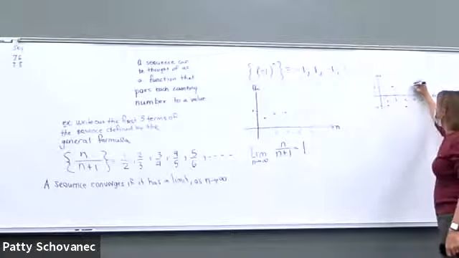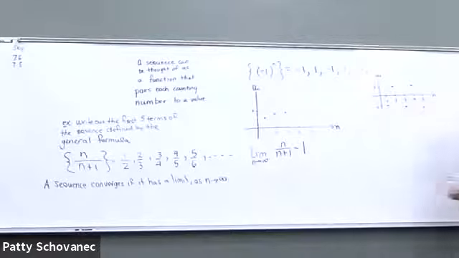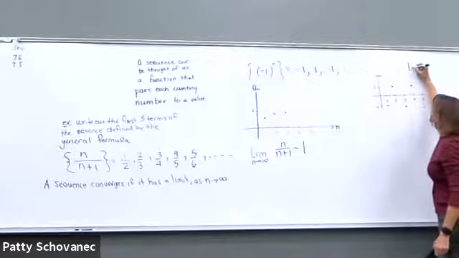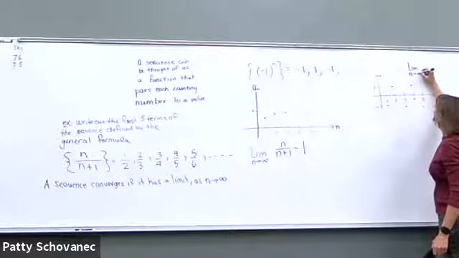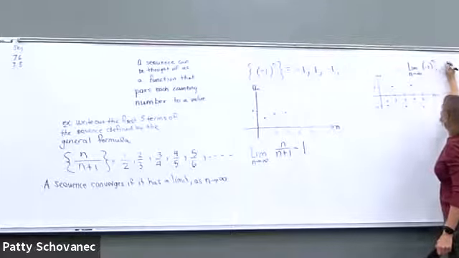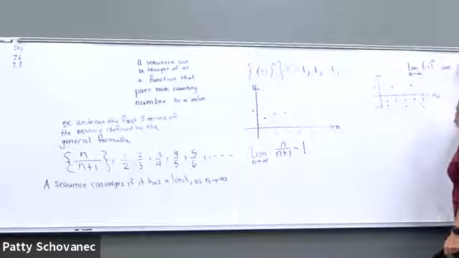All the odd terms would be at negatives. All the even terms would be at positives. But as n goes to infinity, I don't have a value of the limit. The limit as n goes to infinity of (-1)^n does not exist because it oscillates back and forth.